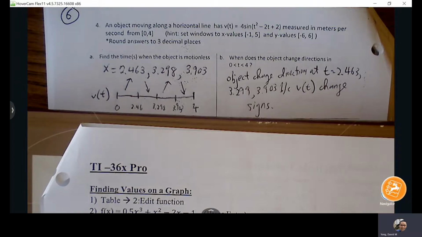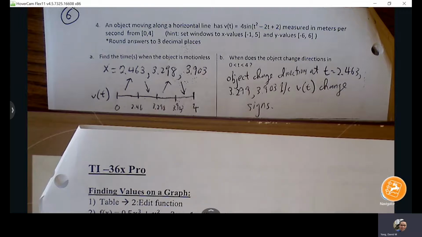If our numbers are a little off, is that okay? How far off? Like I got 3.297. Yeah. Are you using that second trace feature? Yeah. You are? Huh. So I guess either I'm a little off.